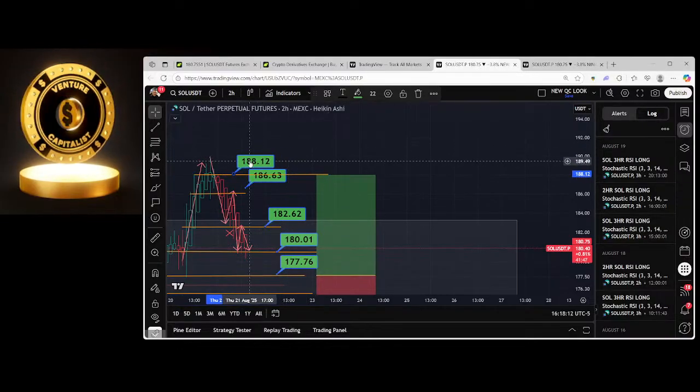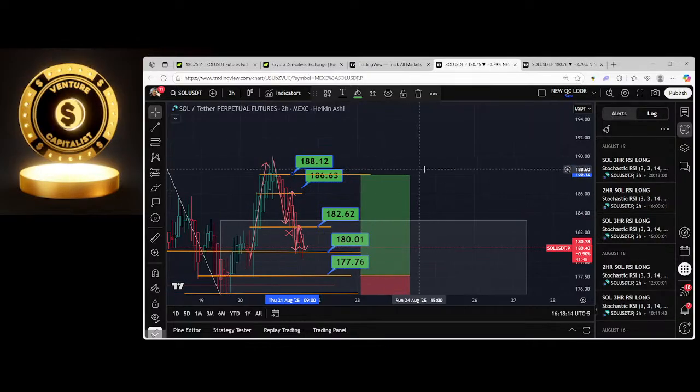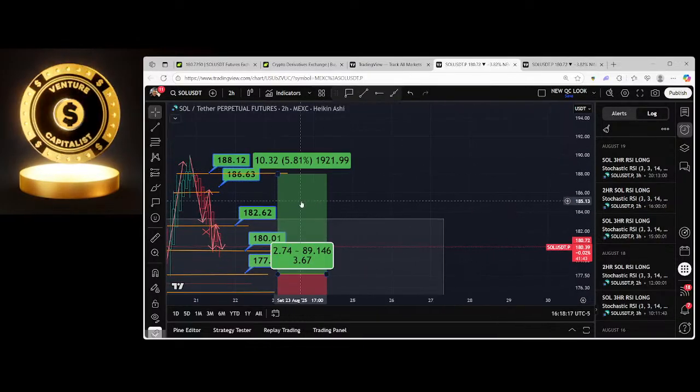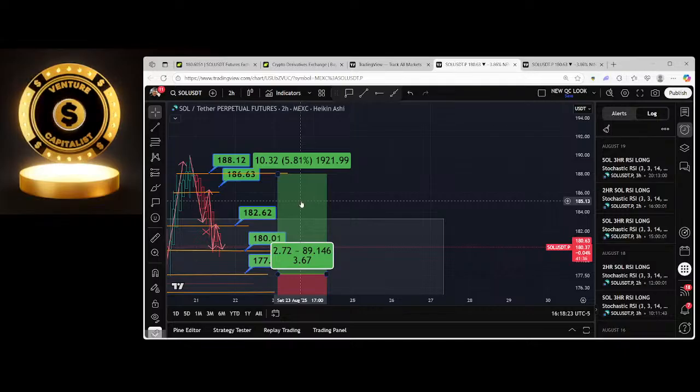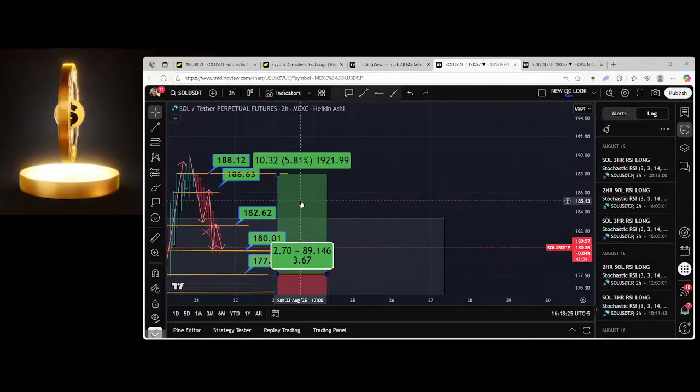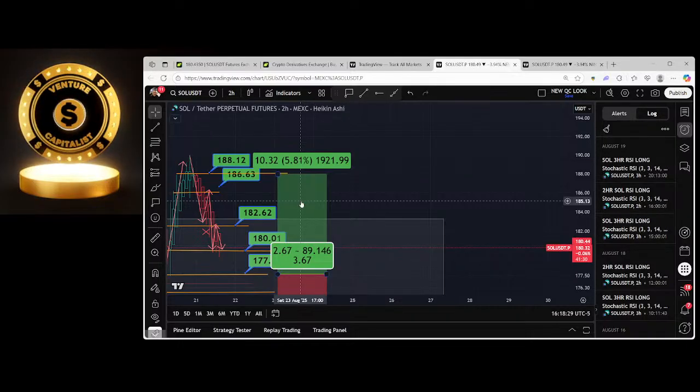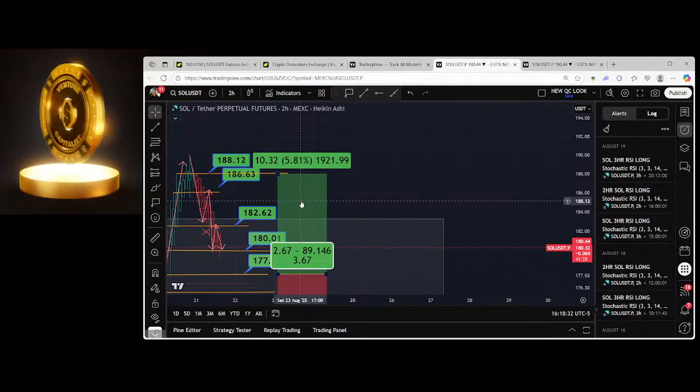You can see that would be 188, right? So if we take this move, it's a 5% move. If you're doing a 20x leverage, you still have the possibility over the next day or 2 days to hit a 100x with a 20x leverage. So it's not a bad situation to make a trade, right?